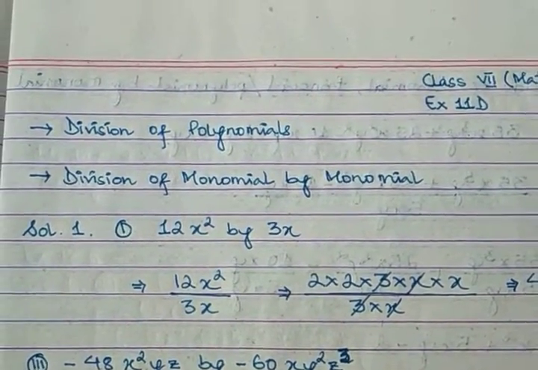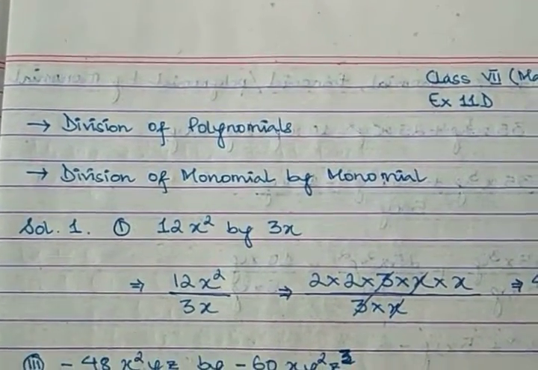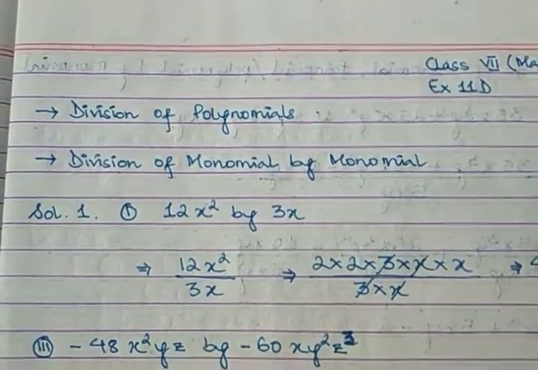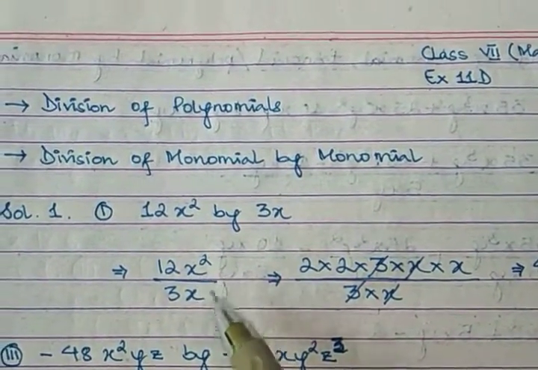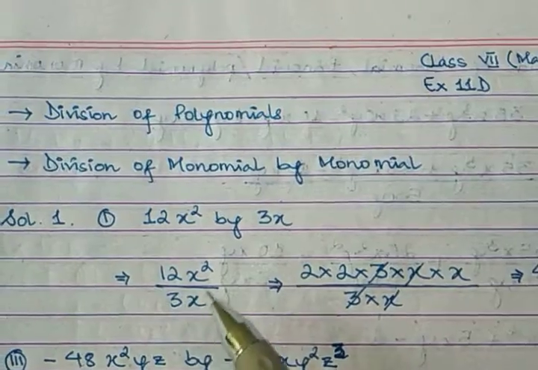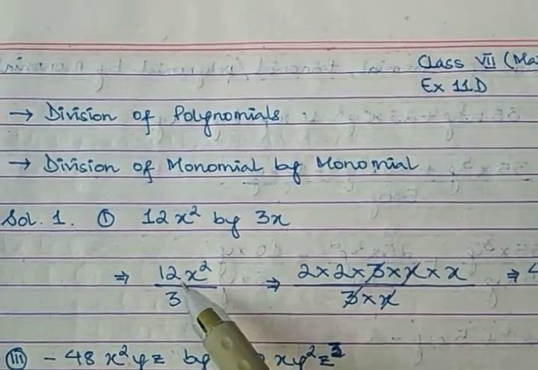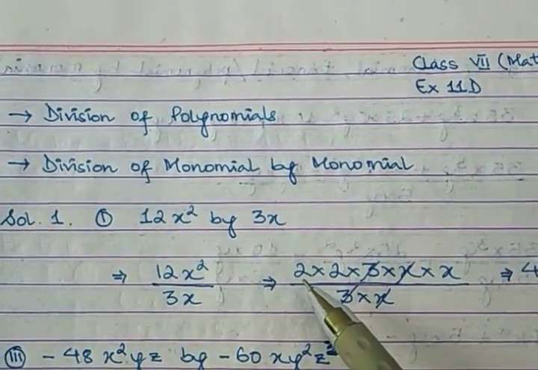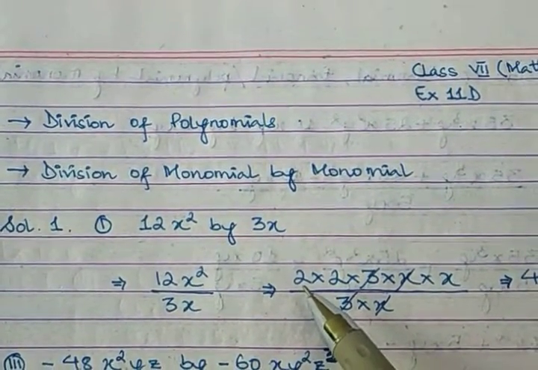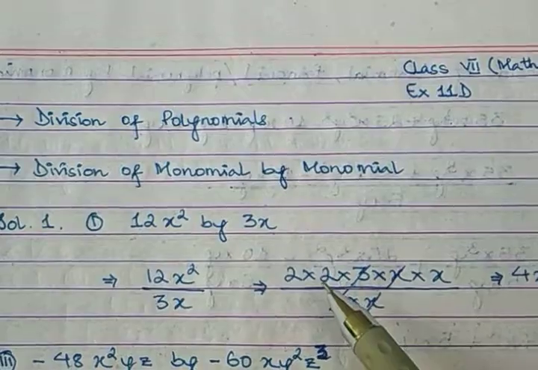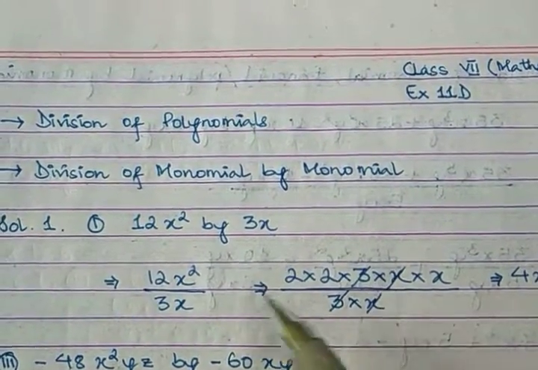For 12x squared by 3x, I have written it in the fractional form. See, 12x squared divided by 3x, isn't it? After the fractional form, for the constant term I can take the prime factors. I have written it as 2 into 2 into 3 into x squared.